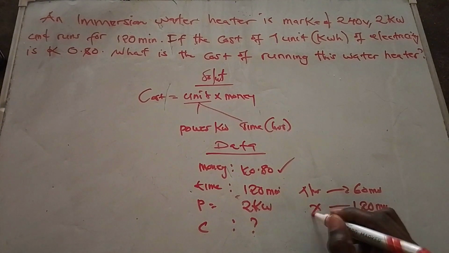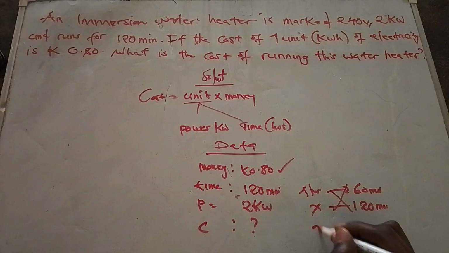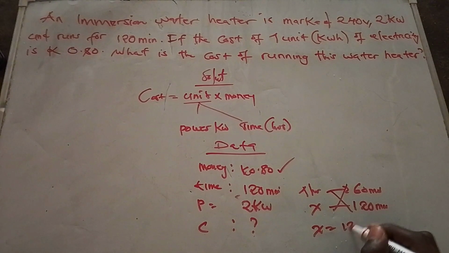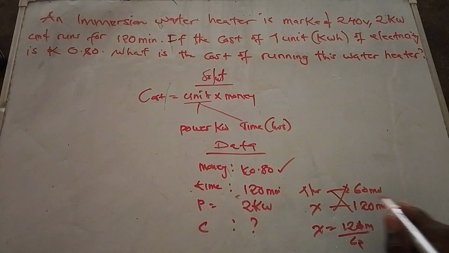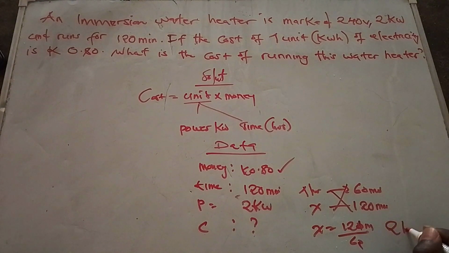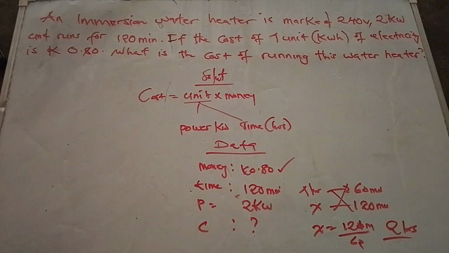Then we're going to put our x here. Then we cross multiply. So x is equal to 120 minutes divided by 60. Then 6 into 12, we're going to get 2. So our answer, we have 2 hours there. So that's a unit conversion.